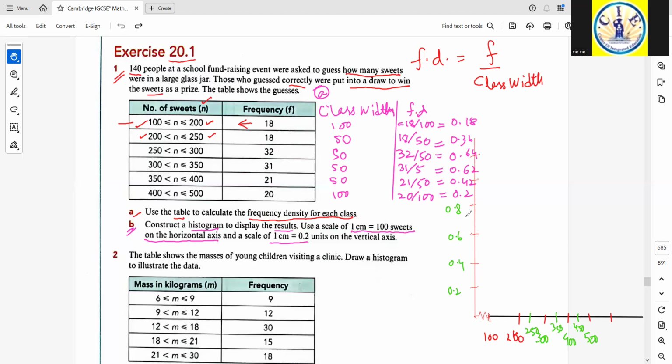Okay. Then I just need to draw the histogram now. The histogram is going to be for the first class, 100 till 200. The frequency density is 0.18. So 0.18 would be here. So its height is going to be like this.